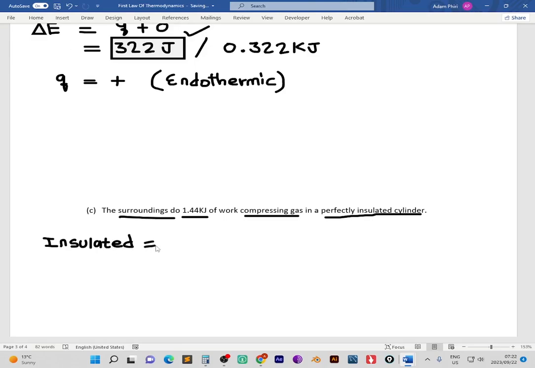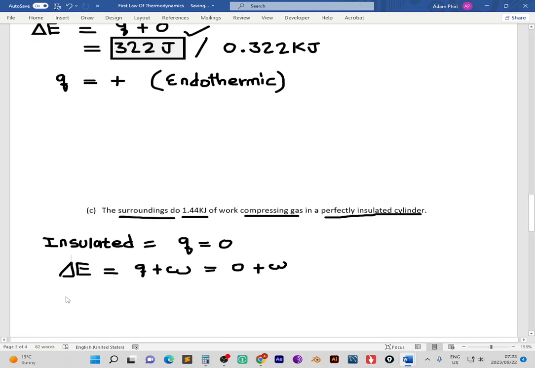What will actually happen in this case is that it is insulated. What does that mean? It means that Q is going to be 0. Energy cannot leave, or energy cannot come into the system. So in that case, they're insulated. We are only left with the other option there, which is the surroundings doing work. All right, 1.44 kilojoules of work, and we are left with Q as 0.